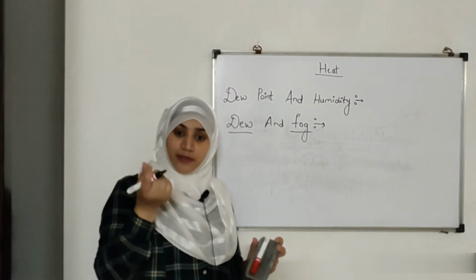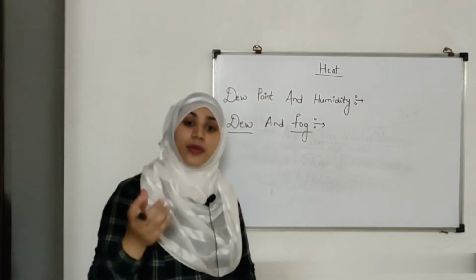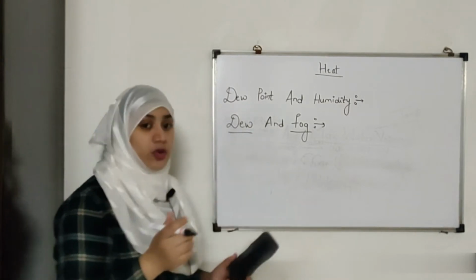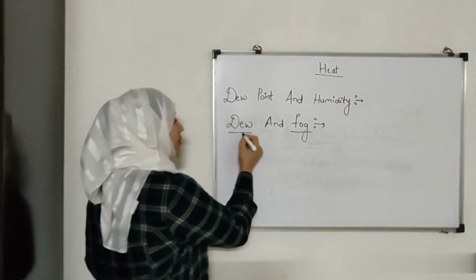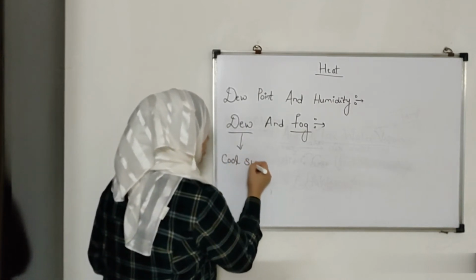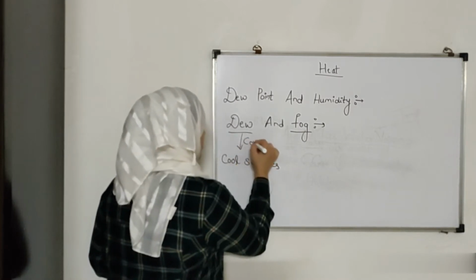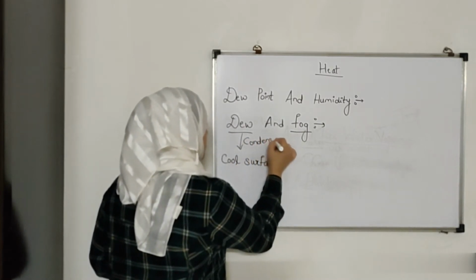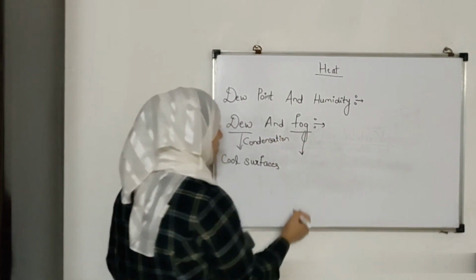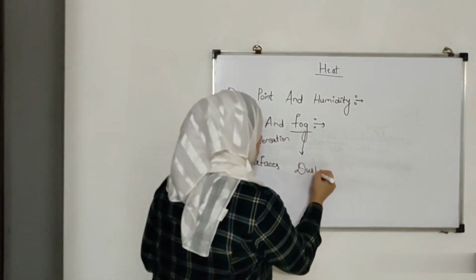So there is a point at which the water vapor starts condensing to water droplets. That's how the dew is formed. Dew is formed when the water vapors are getting condensed on cool surfaces. And fog is formed when the water vapors are getting condensed on the dust particles.